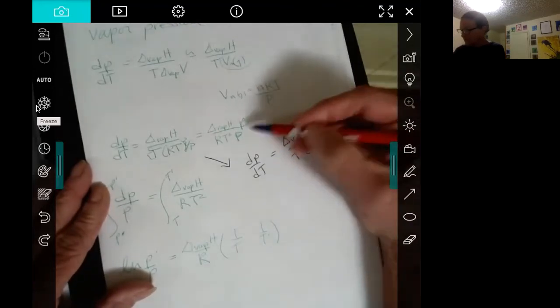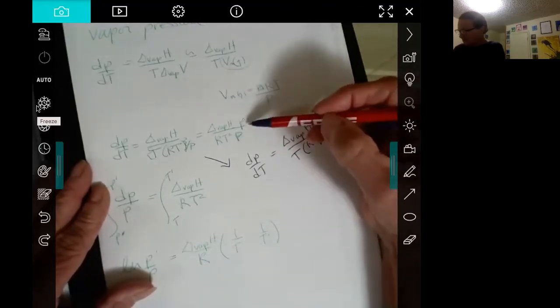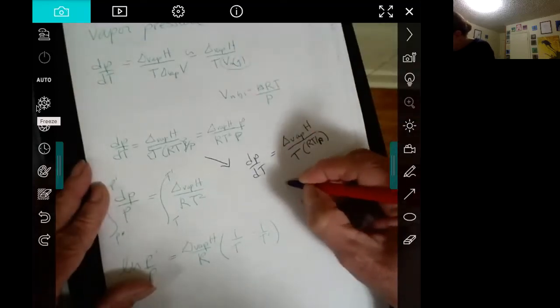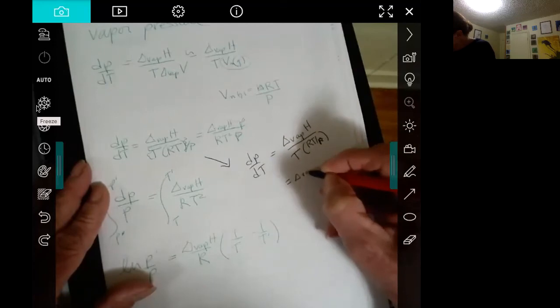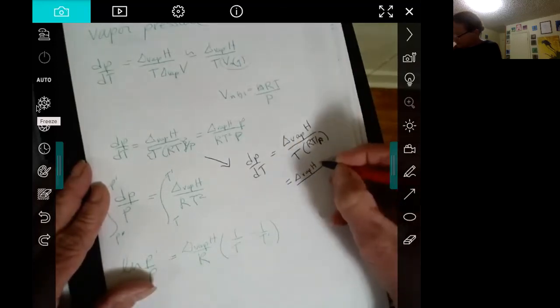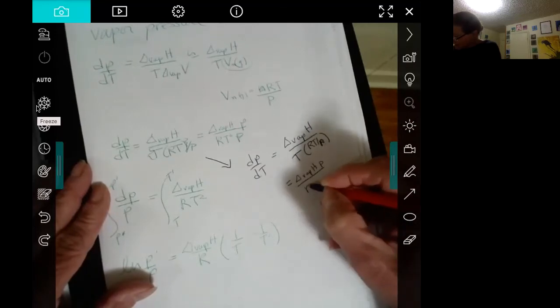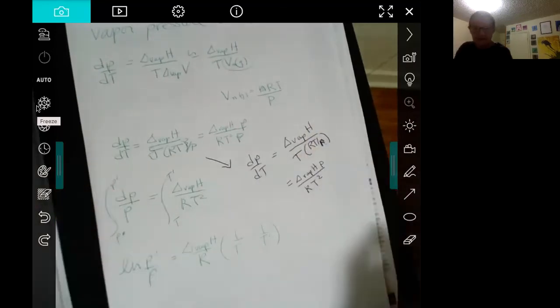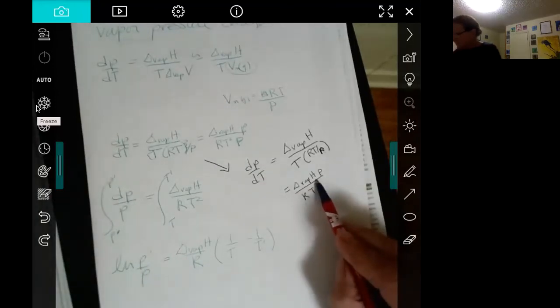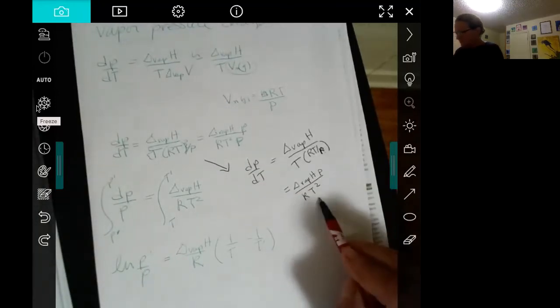And so if we just rearrange that, the P will come up to the top. I think that looks kind of messy too, so I'm going to redo it. So this P that's down here comes to the top, and I get RT squared in the denominator. So delta H for the vaporization process times pressure over RT squared.